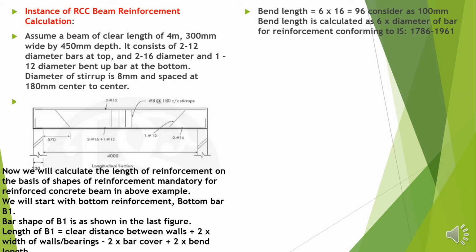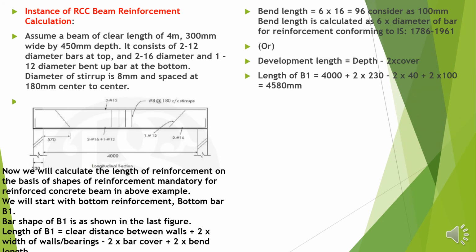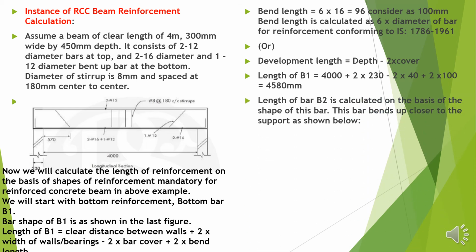Bend length is calculated as 6 into diameter of the bar for reinforcement conforming to IS 1786, or development length is equal to depth minus 2 into cover. Length of the B1 is equal to 4000 plus 2 into 230 minus 2 into 40 plus 2 into 100 is equal to 4580 millimeter.